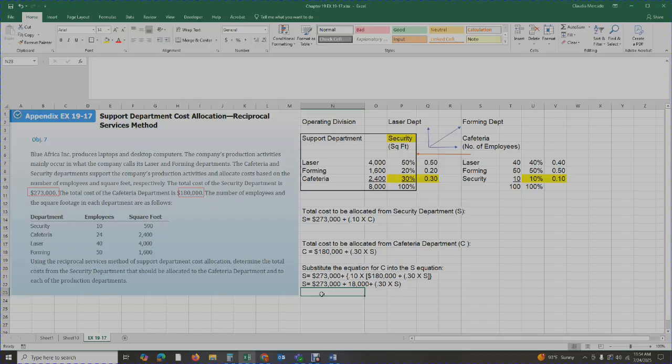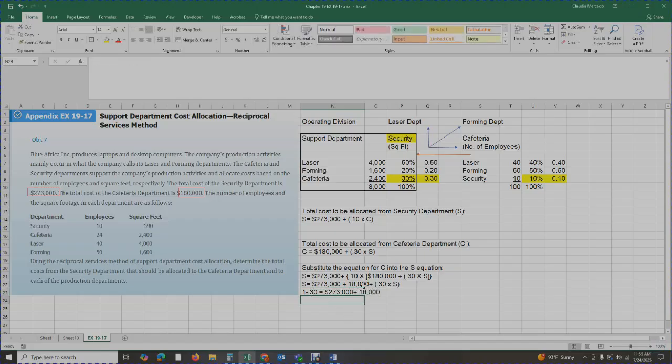So now I've got 273 plus 18,000 plus 0.30 times S. That looks like an X, so let me make this a small x so it looks more normal, because it looks like we're solving for x and we're not. It's just a multiply sign. Now I'm going to move my 0.30 to the other side of the equation. I'm going to have 1 minus 0.30, because S is 1 S, equals 273 plus 18,000.